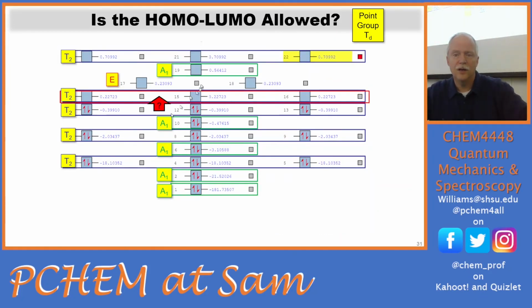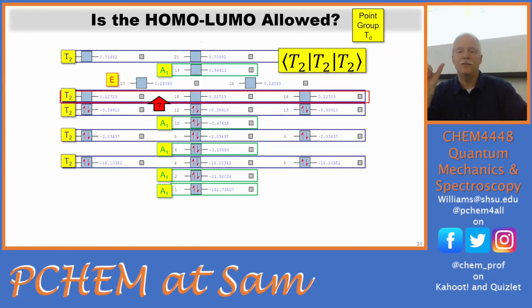So here's our molecular orbital diagram that we get from Gaussian. Is this HOMO-LUMO allowed? And so that's a T2 times a T2 times a T2. So we know we're probably going to get an A1 out of one of those pairings, but we'll see. We'll have to do the math just to see if we can get another T2 out of that. And sure enough, the T2 times the T2 gives us this grouping, and then we have a T2 in there.